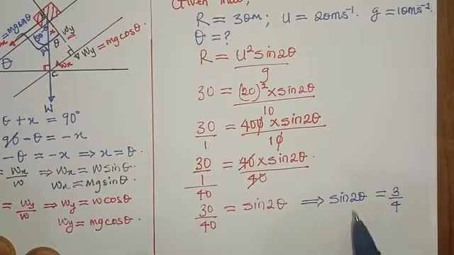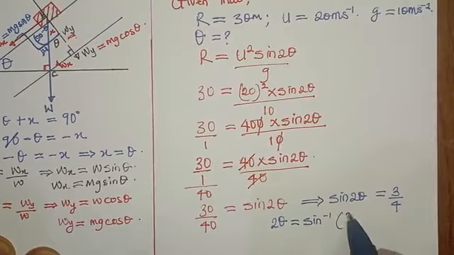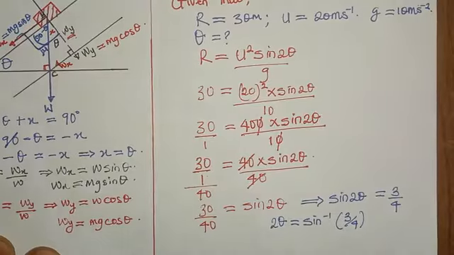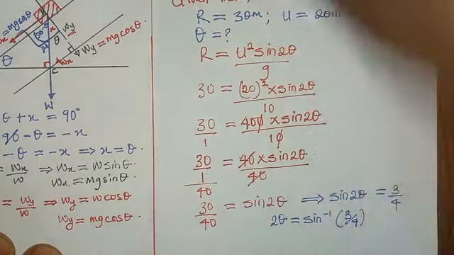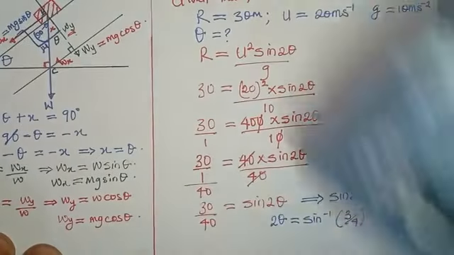So what do I do to get my theta, since theta is my target? We're going to have 2 theta is equal to sine inverse of 3 all over 4. Is that correct? So how do I get my sine inverse?